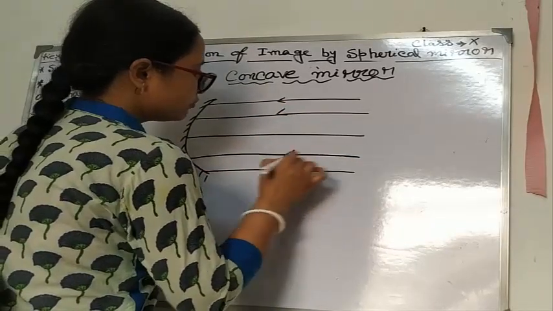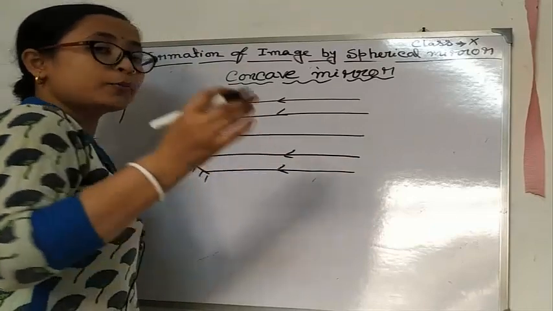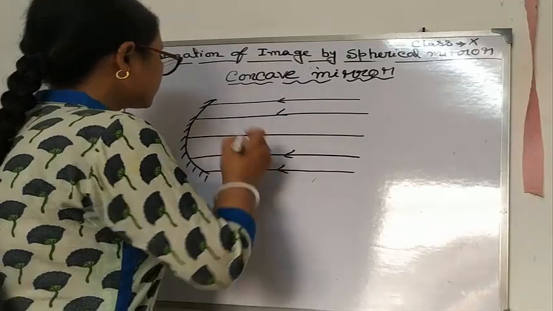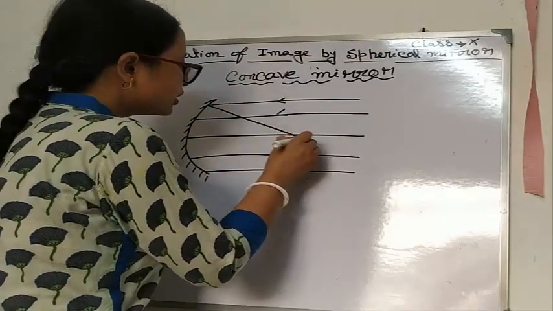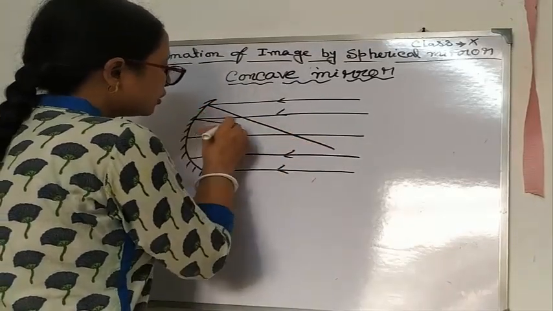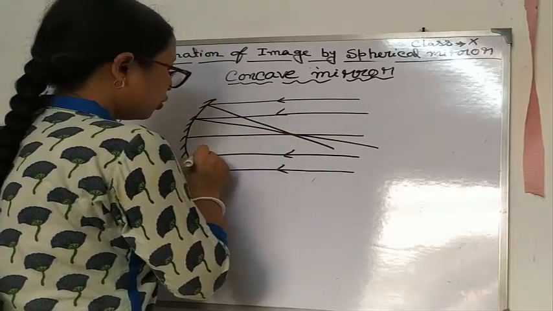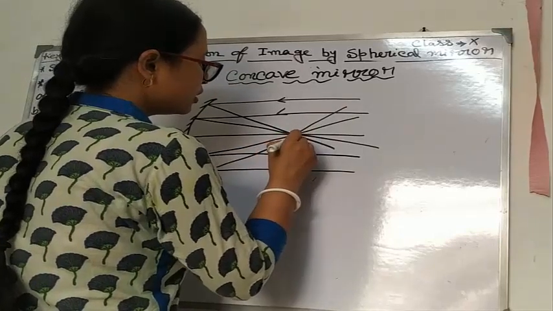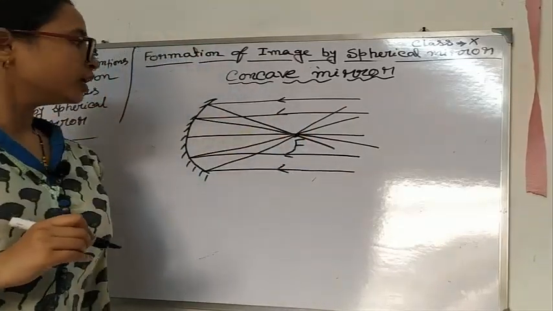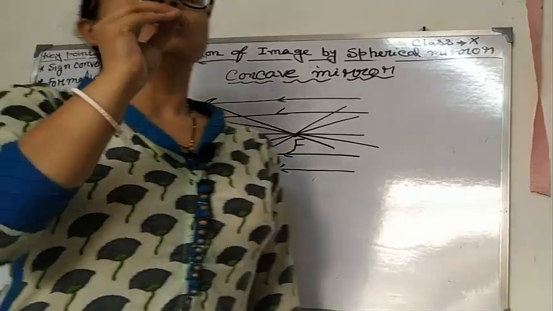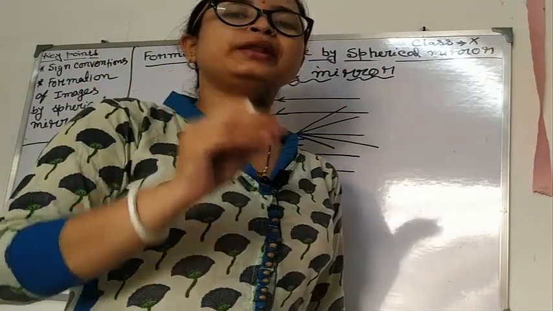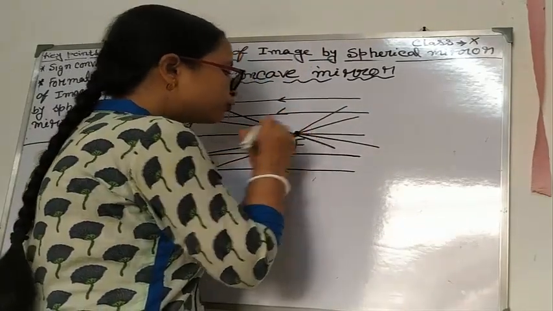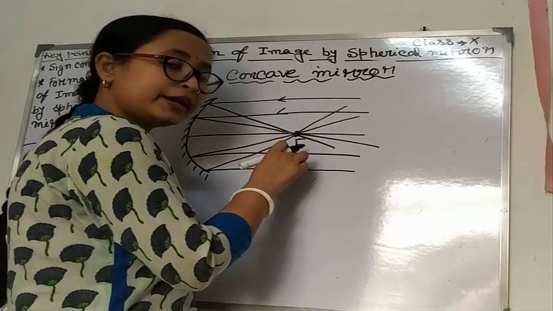From the first rule, you know that if the rays are coming parallel to the principal axis, after reflection they will pass through the focal point or principal focus. So this is our focus point. Clear? So when the object is placed at infinity, the image will form at the focal point, and you can see that it is a point image.